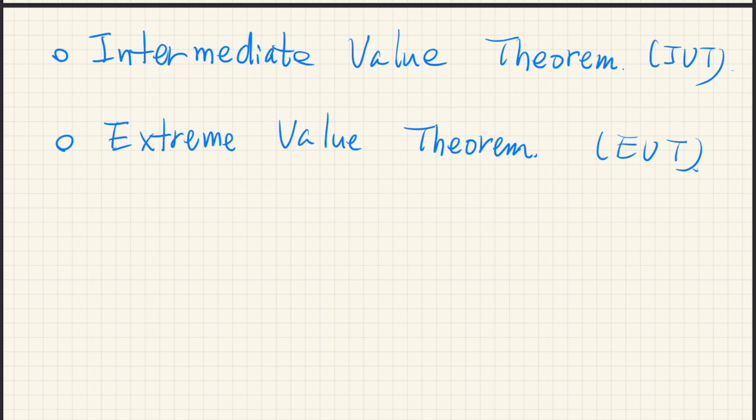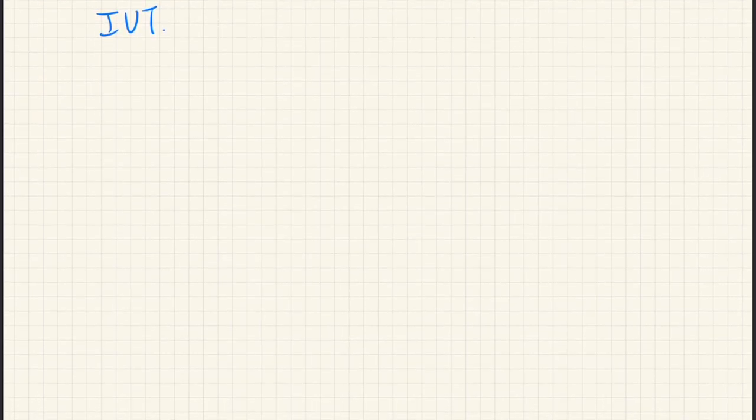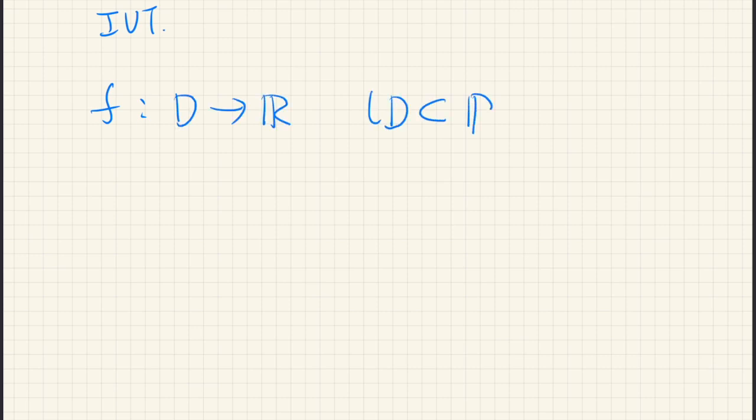First, the intermediate value theorem. Let's say we have a function from D to real numbers, where D is a subset of the n-dimensional Euclidean space. And also, D is path connected.